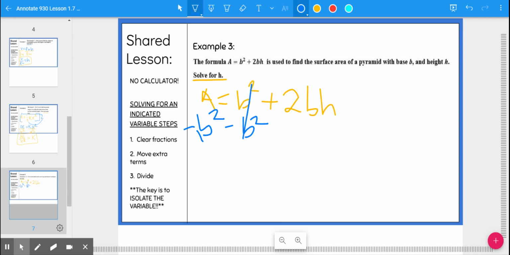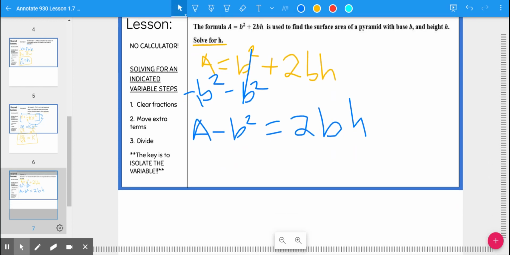So now I am left with A minus B squared is equal to 2 times B times H. So now we are one step closer to isolating our variable h, but we still have that 2b being multiplied and attached to the h.